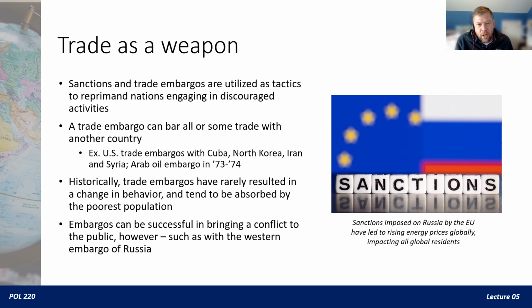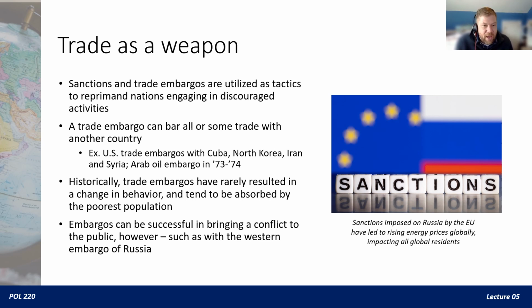And finally, along those lines, obviously trade can be utilized as a weapon. Not a literal weapon, but a way of escalating conflict or maybe de-escalating it here. So sanctions and trade embargoes are utilized as tactics to reprimand countries that engage in discouraged activities, whatever that might be.